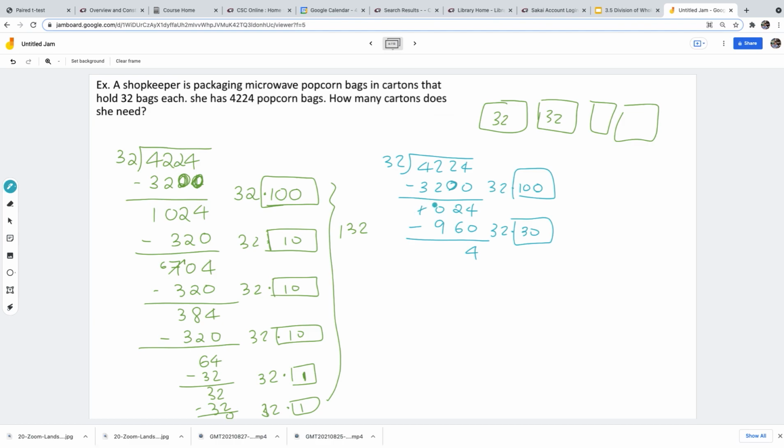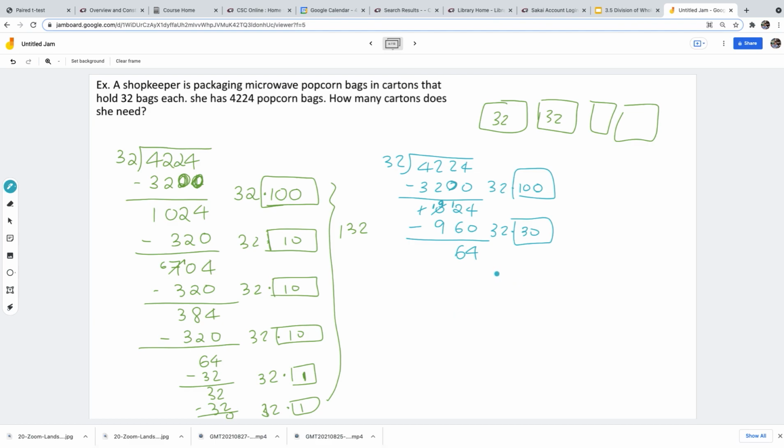That 1,000 can be regrouped as 10 hundreds. And since this 2 is still smaller than 6, you can regroup 10 as 9 hundreds and 10 tens. So you have 12 tens minus 6 tens, which is 6 tens. And you have 9 minus 9, 0. So we are good.